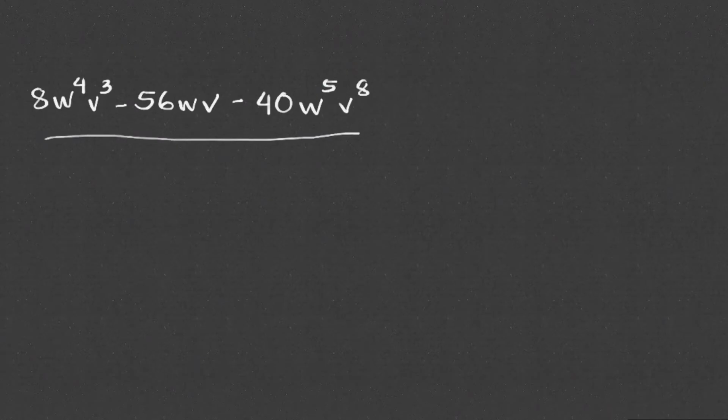Let's have another example. 8w raised to the 4th power times v cubed minus 56w times v minus 40w raised to the 5th power times v raised to the 8th power divided by 12w cubed times v cubed. To solve this example, let us separate the fractions.